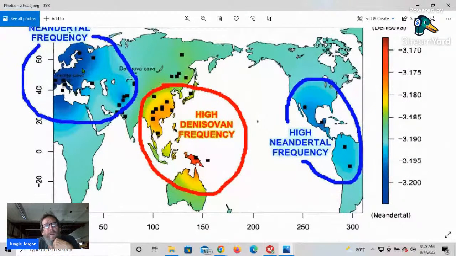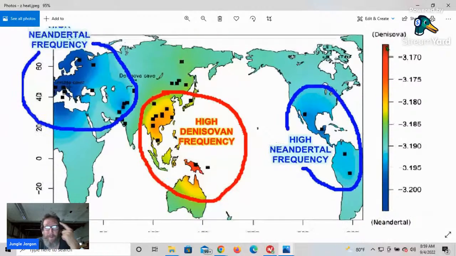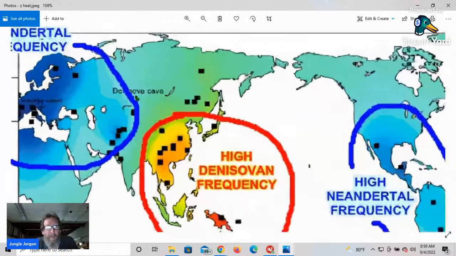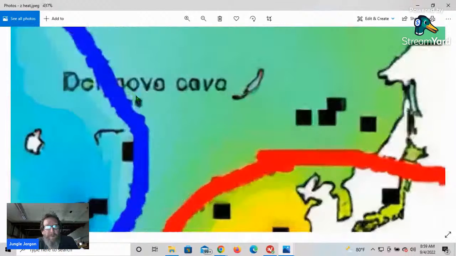So you have the Japhetic population, which is Neanderthal. The Denisovan population of the Denisova cave is both Hamitic and Japhetic, or Eurasian.